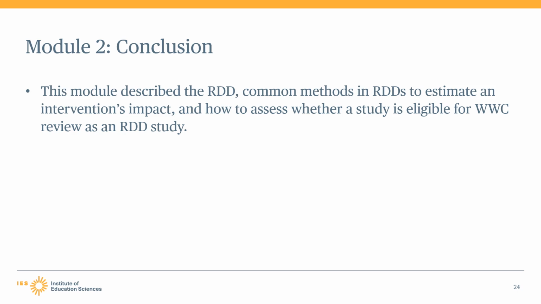And finally, we described the criteria used to assess whether a study is eligible for review as a regression discontinuity design under the RDD standards. The next module in this training series will focus on the WWC's first RDD standard, the integrity standard, which outlines requirements for establishing the integrity of the forcing variable used in the design.